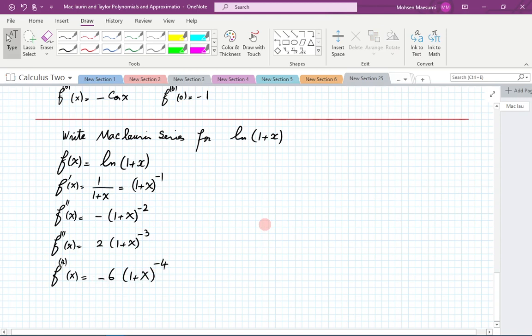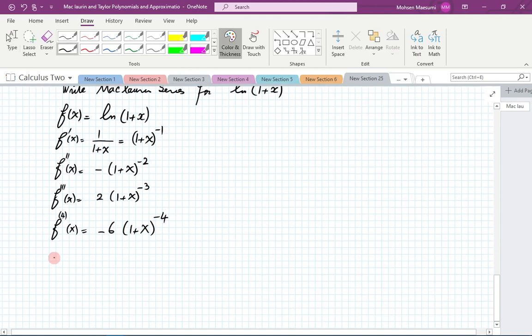Let's write a few more so that our hand gets used to this process. Fifth derivative, minus 4 times minus 6 is plus 24 times 1 plus x to power of minus 5. But if you wanted to go to 6, so minus 5 times 24 is minus 120 times 1 plus x to power of minus 6.